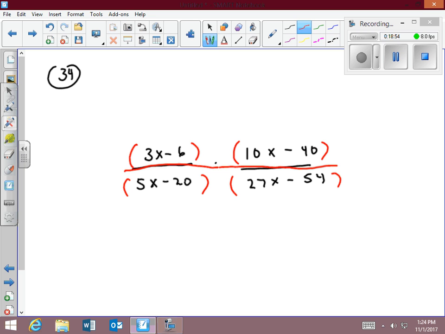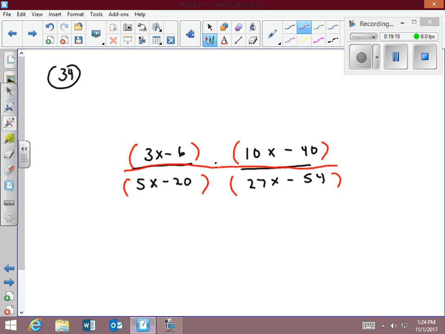But I'd have to bracket those, correct? I'm just writing over with red so I don't have to rewrite it. Because it says multiply the numerators, multiply the denominators. That's the definition of multiplying rational polynomials or rational numbers.